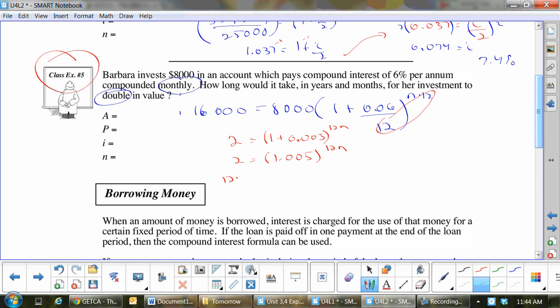So 12n equals log base 1.005 of 2. Okay? So really, now I can make n equal log base 1.005 of 2 all divided by 12. Okay? Everyone put it in so I can ask somebody what the answer is.